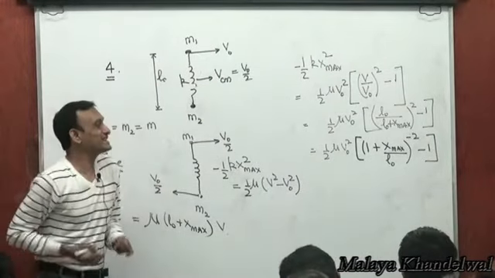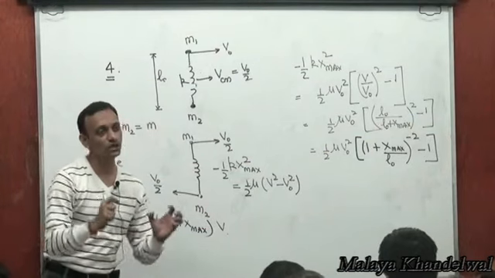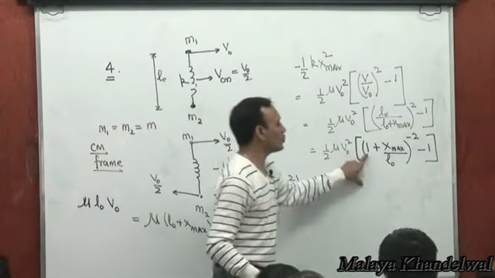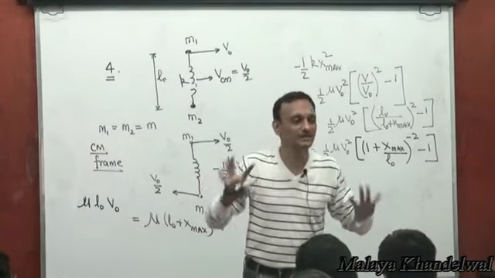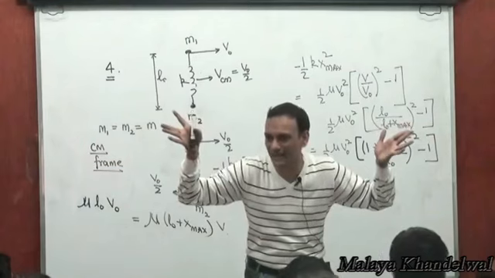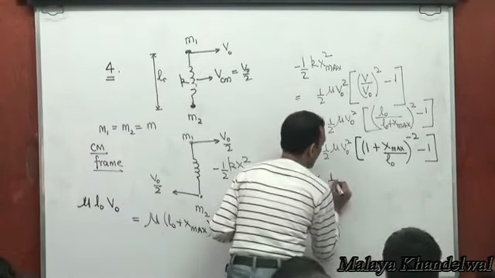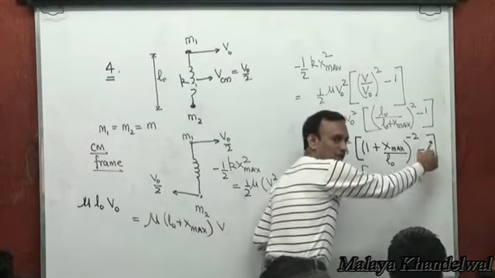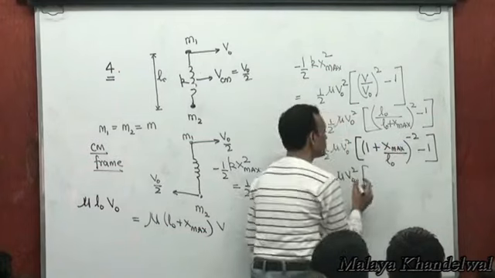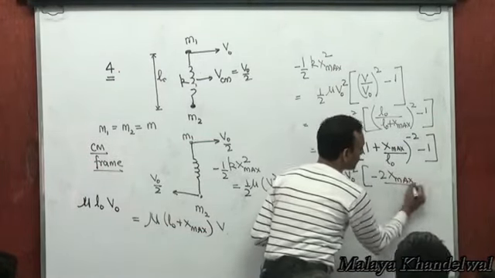And it's given that x max is small compared to L naught. So 1 plus t to the power n, where t is numerically much less than 1, is approximately 1 plus nt. So this is approximately half of mu into v naught squared, and this one will get cancelled, 1 plus nt, you're left with minus 2 x max by L naught.